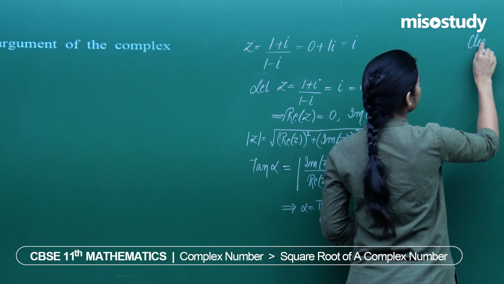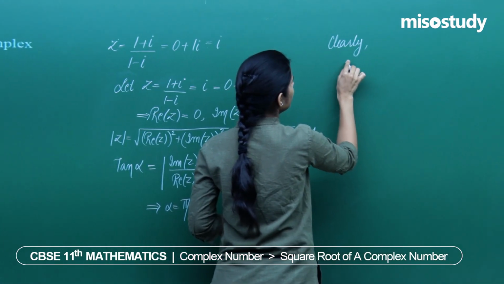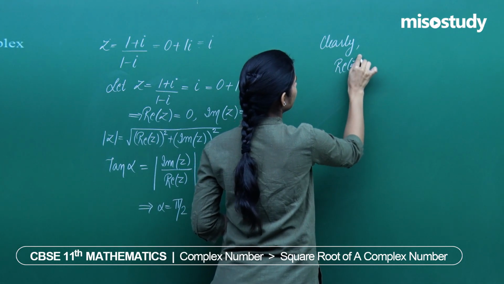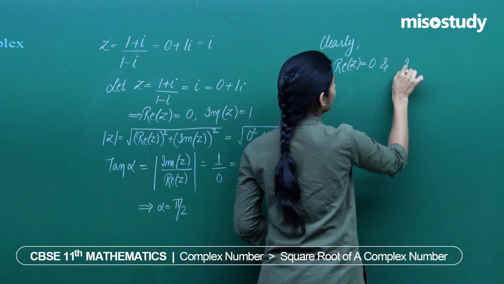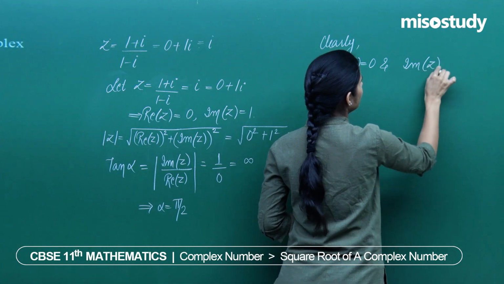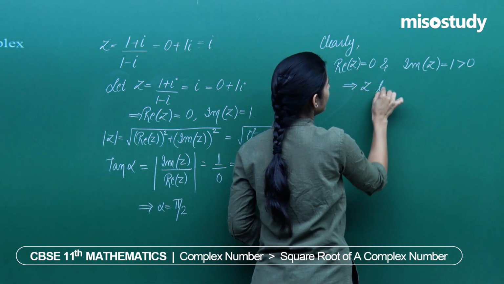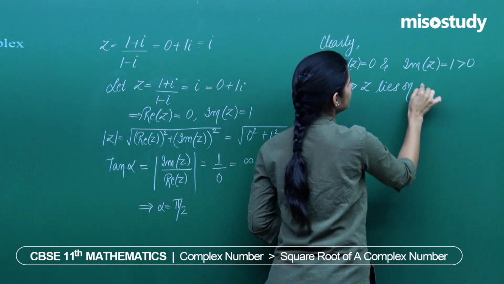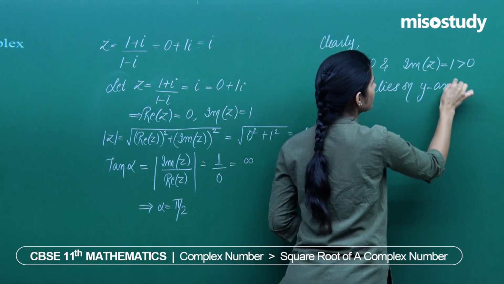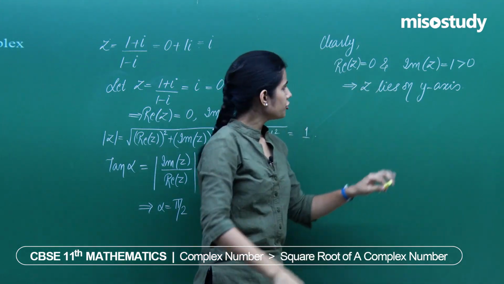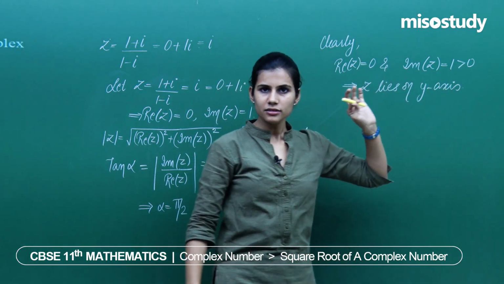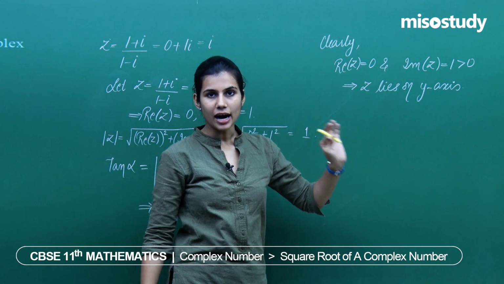Clearly, what is happening is real part of z is 0 and imaginary part of z is 1, that is positive. This implies z lies on the y-axis, that too on the positive y-axis. You can see 0, 1 are the actual coordinates in the Argand plane.